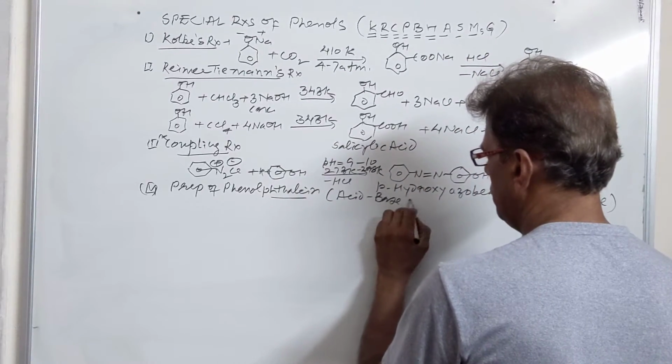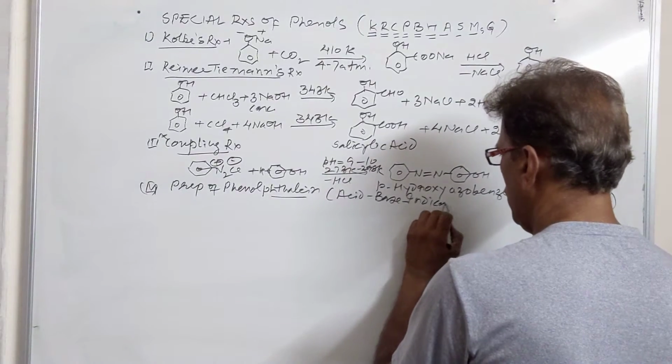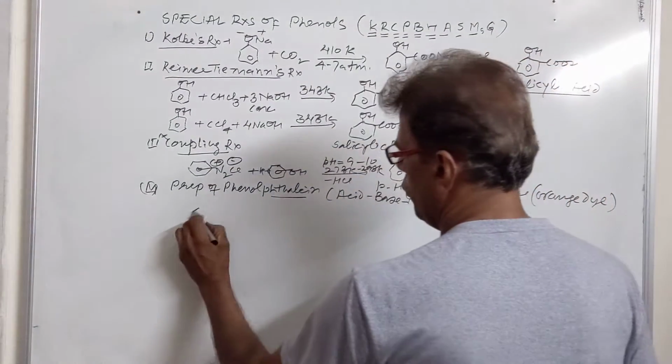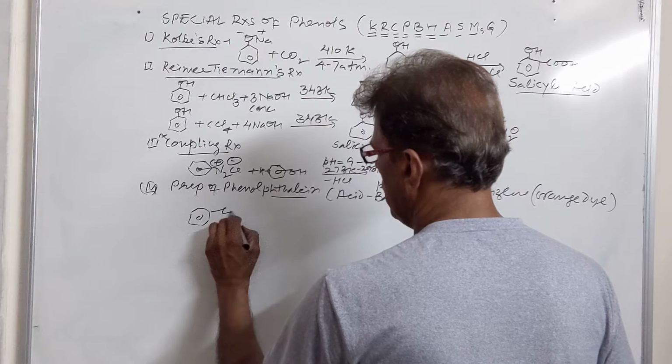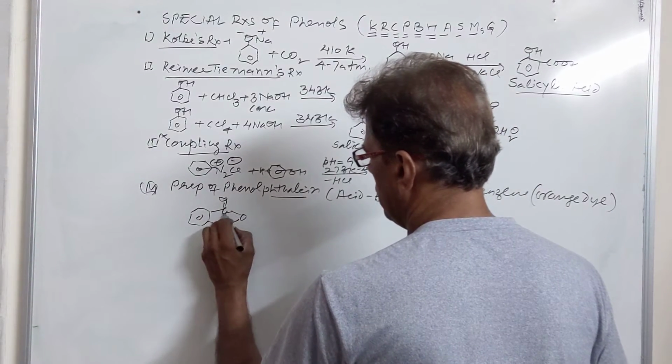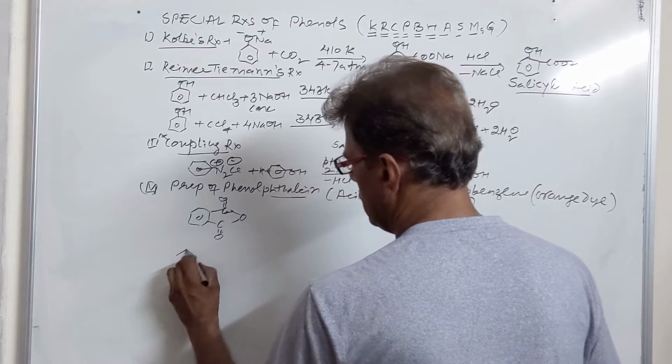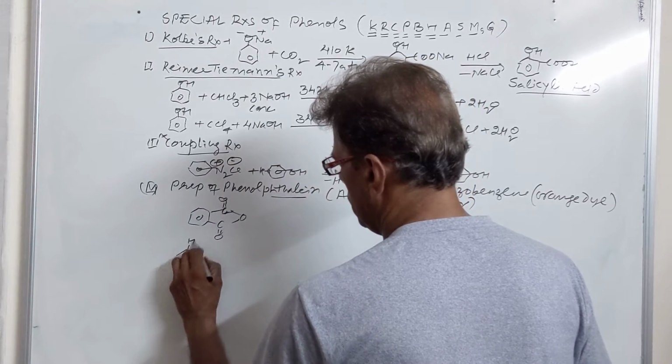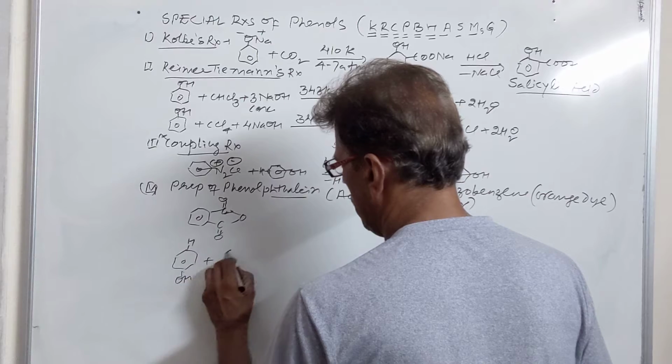How is it prepared? The 2 phenol molecules are treated with phthalic anhydride. This is phthalic anhydride. It is treated with phenol. Hydrogen is eliminated from the para position.